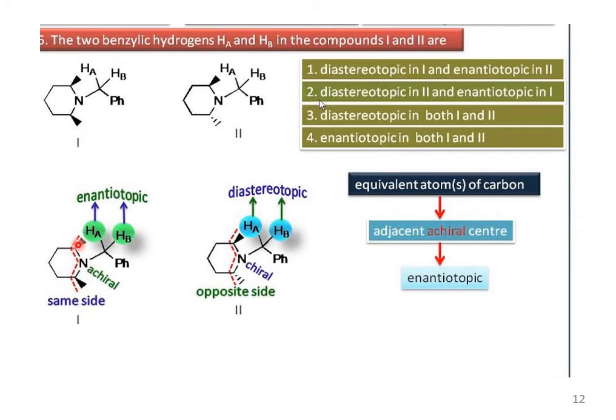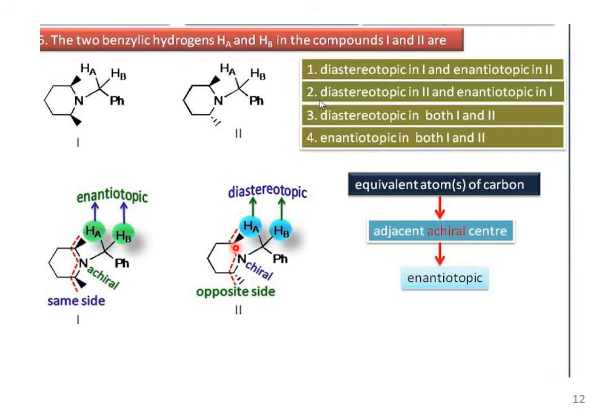The options: diastereotopic in 1 and enantiotopic in 2, diastereotopic in 2 and enantiotopic in 1, diastereotopic in both 1 and 2, enantiotopic in both 1 and 2. Now you have to give that enantiotopic is in 1 and diastereotopic in 2.